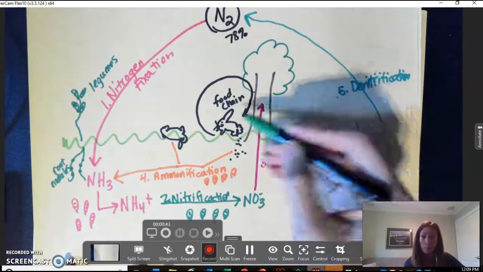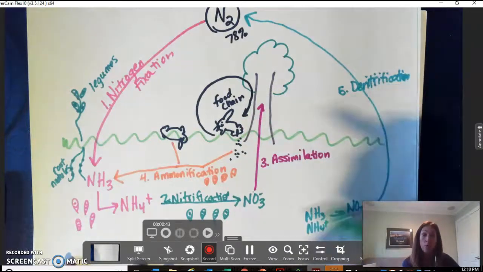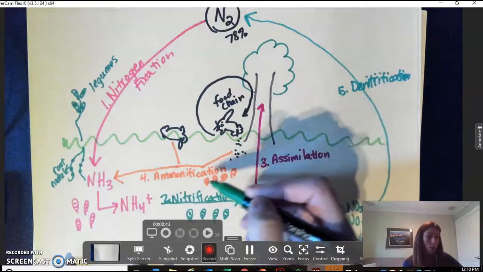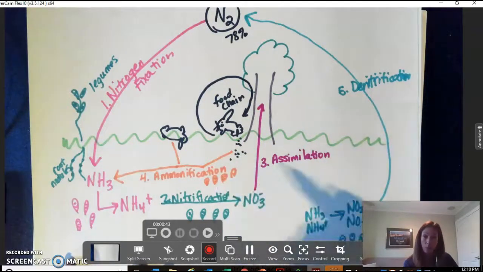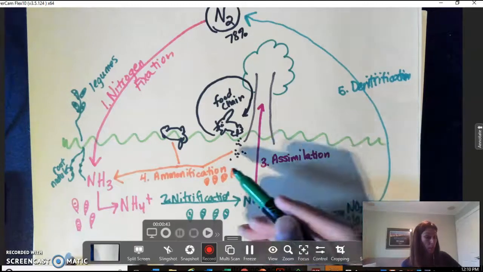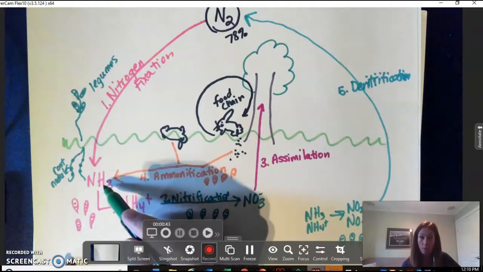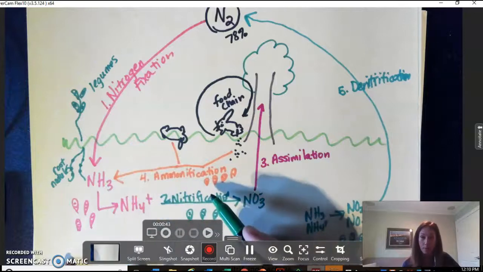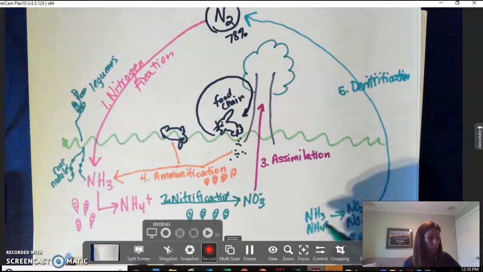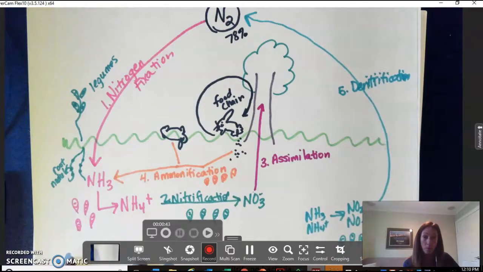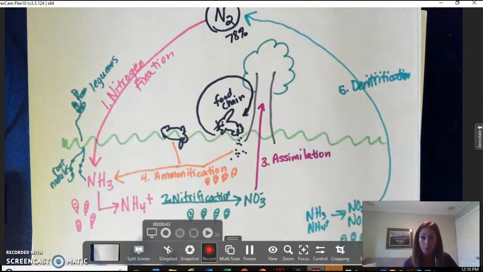All living things, plants and animals included, will contribute back to the nitrogen cycle through their waste and decomposition, where bacteria will go through the process of ammonification, or the creation of ammonia, where it will hook back into this cycle. Now, to close this cycle out, we have denitrifying bacteria that will take leftover ammonia and ammonium, nitrites and nitrates, and convert it back into our atmospheric nitrogen.